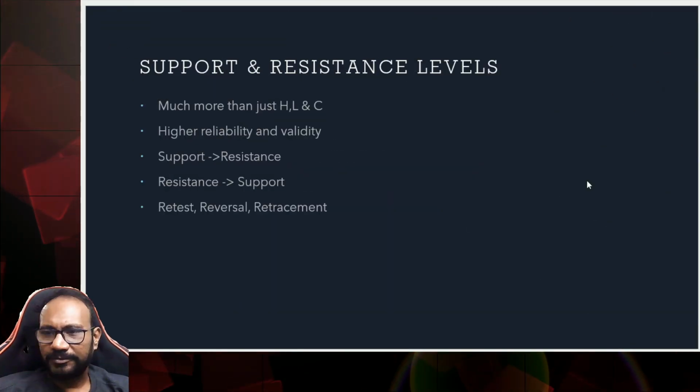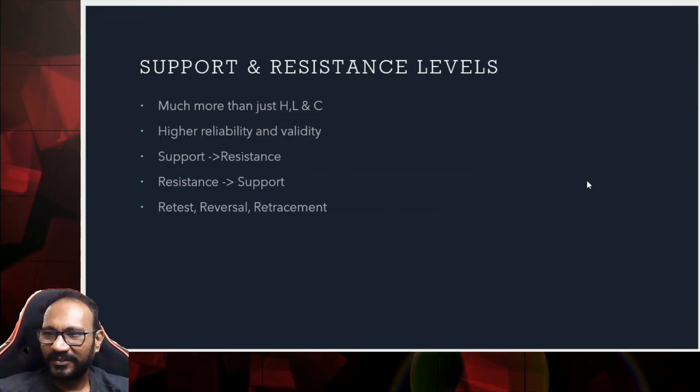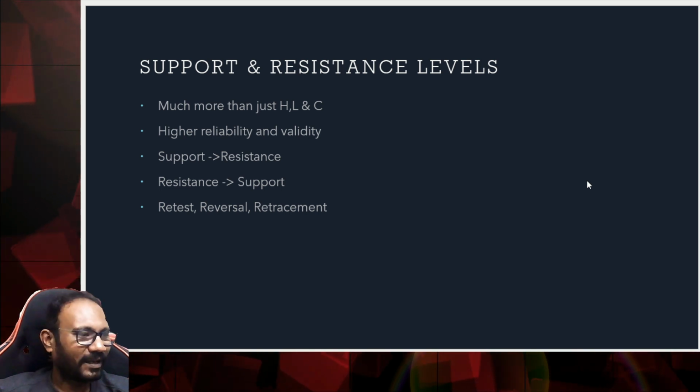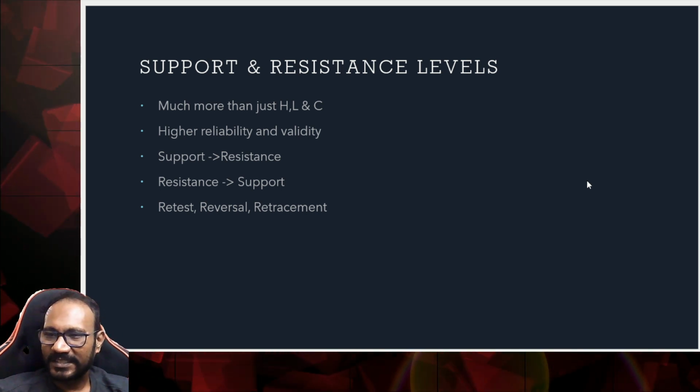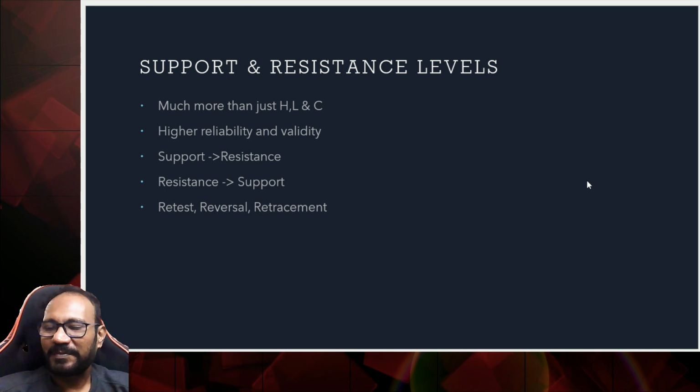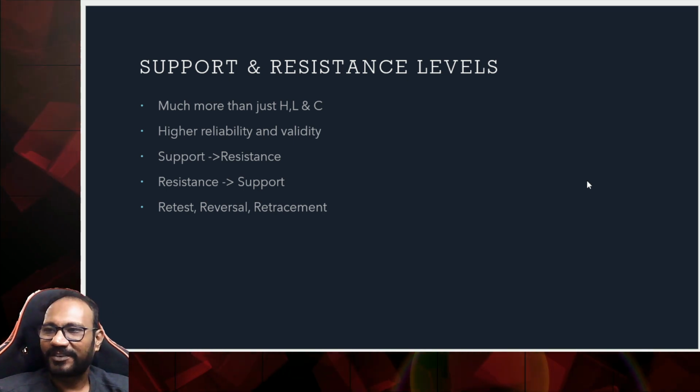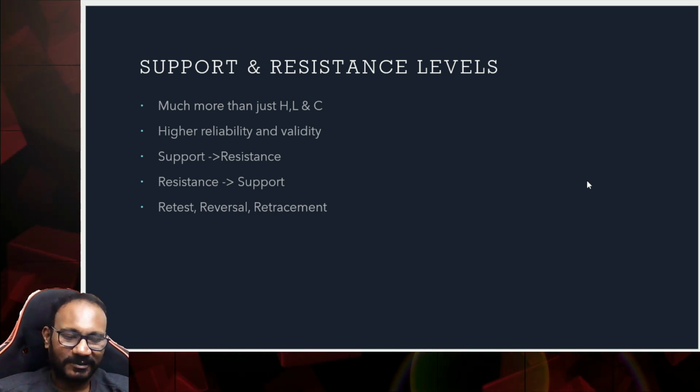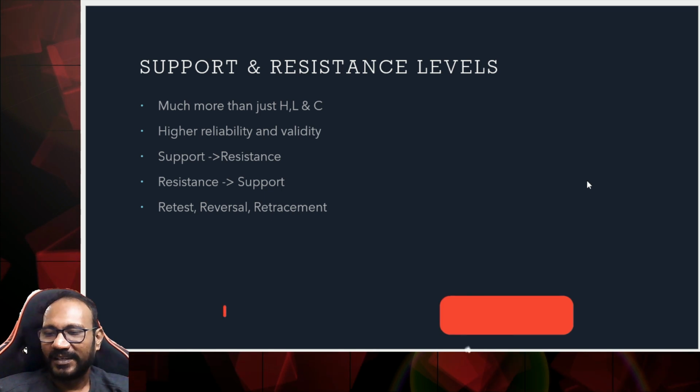So this is the fourth concept that we are going to learn, and this is the final one: support and resistance levels. Some of you might be wondering how it is different from standard pivot points.